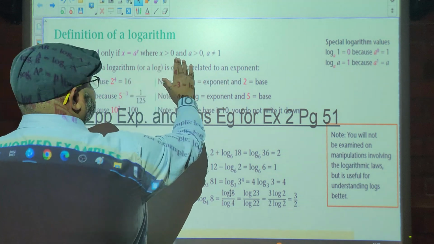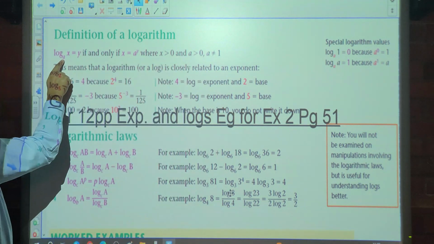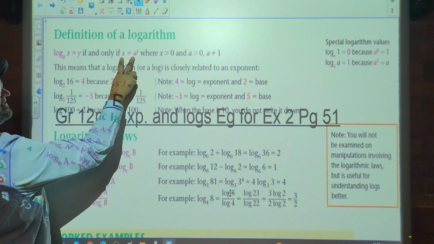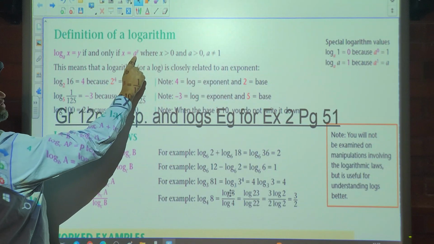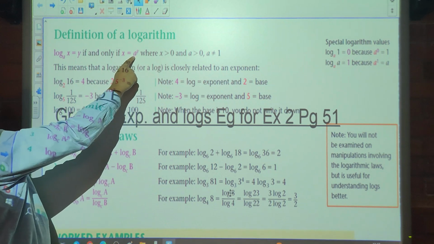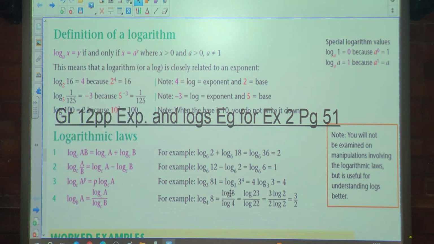With that said, A here, which is this base, can never be 1. Why? Because if it were 1, then it won't be exponential.